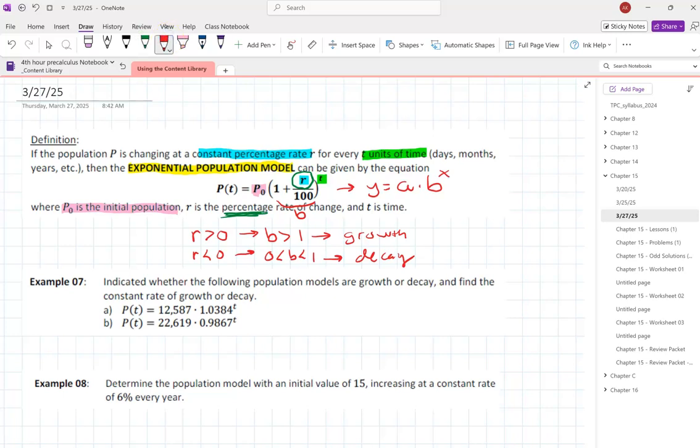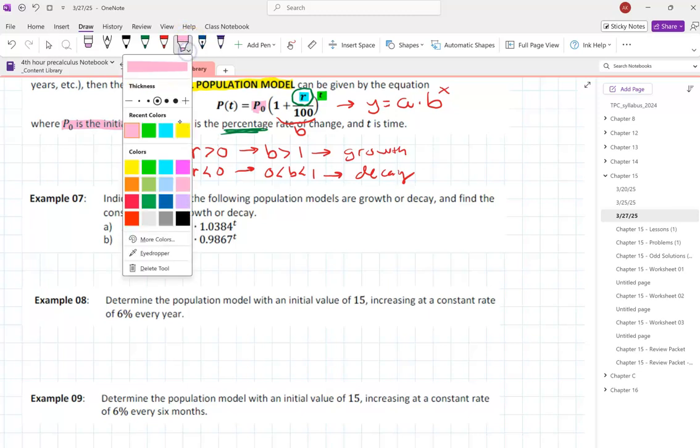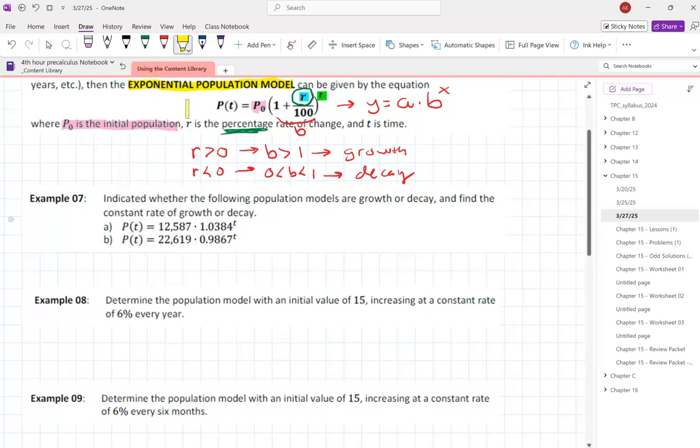All right, so let's look at a couple of examples. For this one, we're just going to try to decide whether these are growth or decay, and then what would the corresponding value for R be that would match up with them. So if I look at the first one, there's my value of B, right? Since that's greater than 1, I know immediately we're talking about growth.